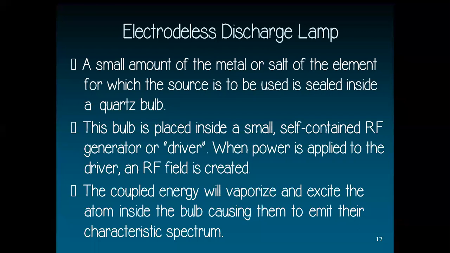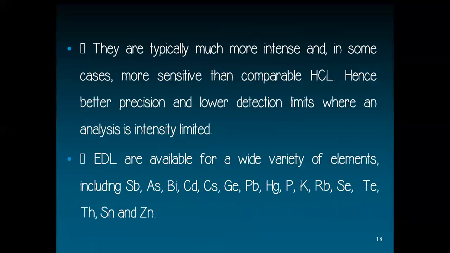This bulb is placed inside a small self-contained radio frequency generator, or driver, and when power is applied to the driver, a radio frequency field is created. The coupled energy will vaporize and excite the atoms inside the bulb, causing them to emit their characteristic spectrum. So we want a characteristic spectrum, and that is why we are utilizing that particular element only.